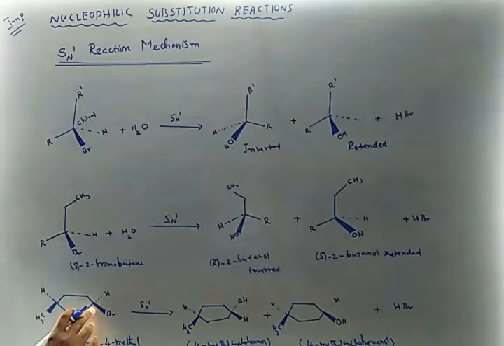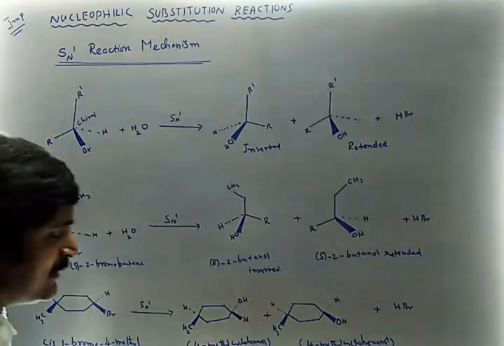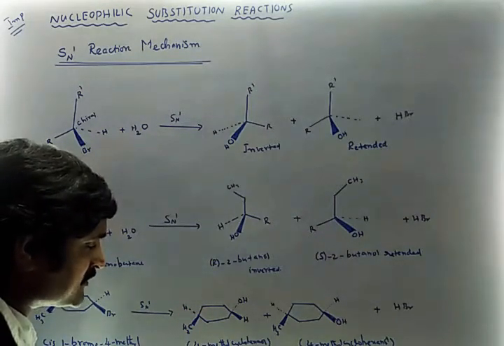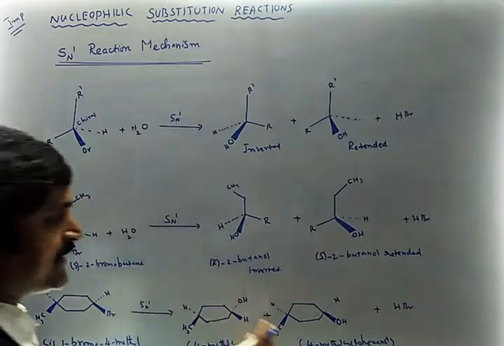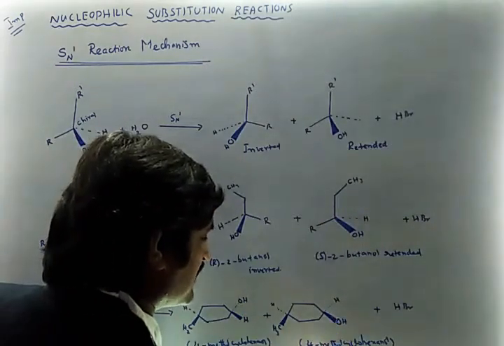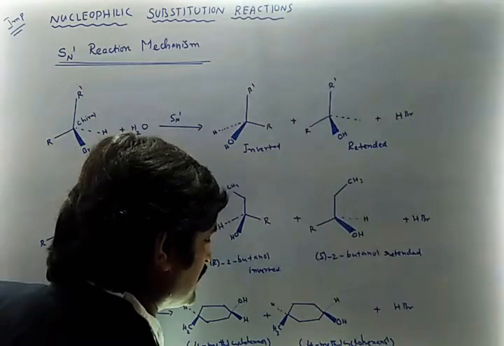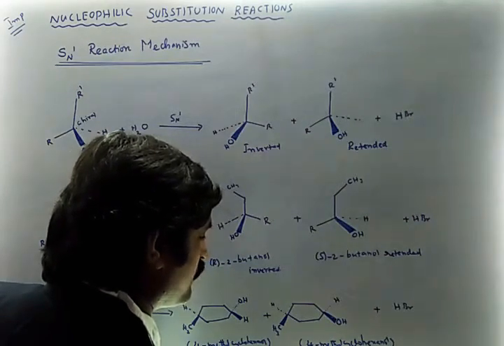That means when backside attack happens, we will get inverted configuration. When front side attack happens, we will get this type of product called retention of configuration.